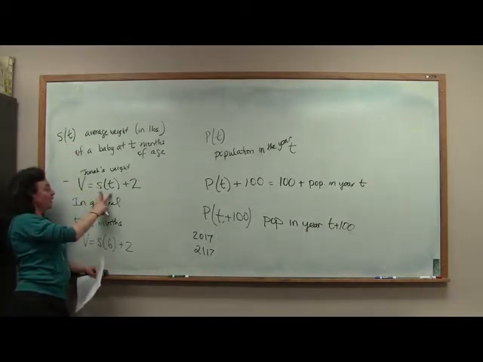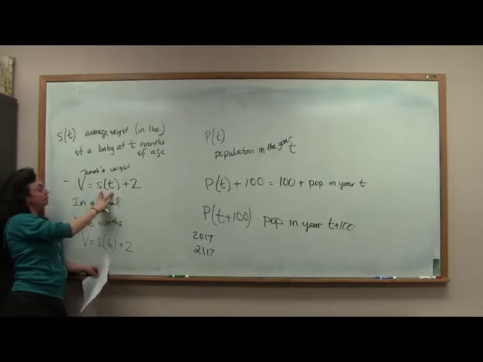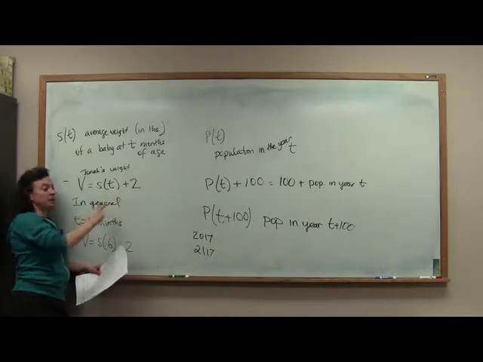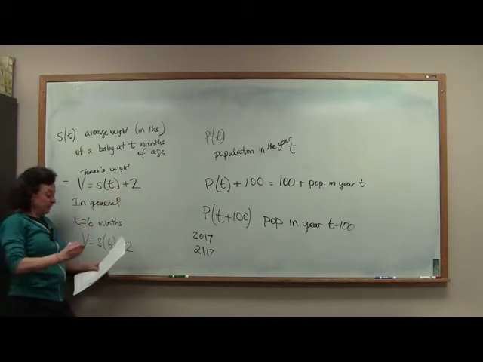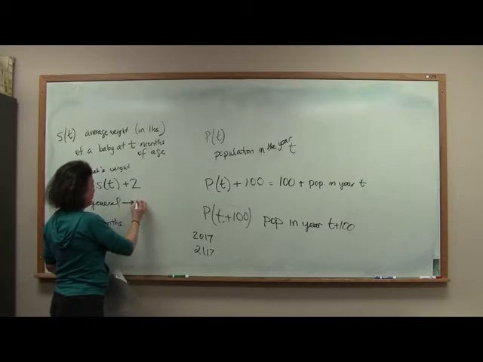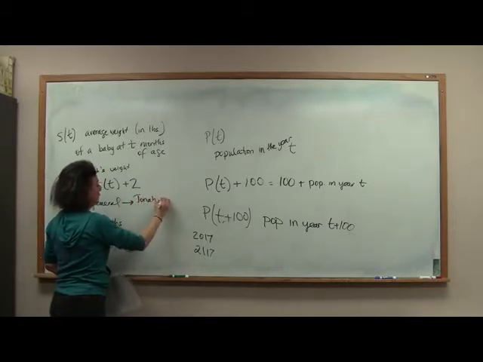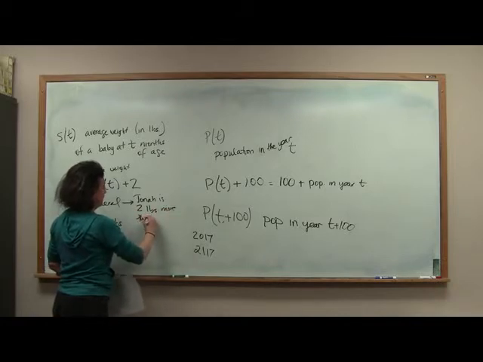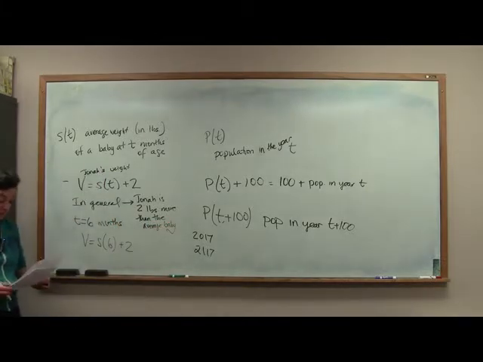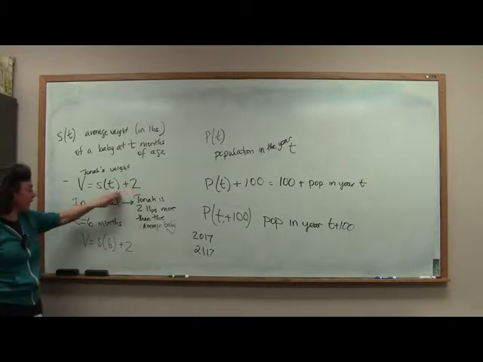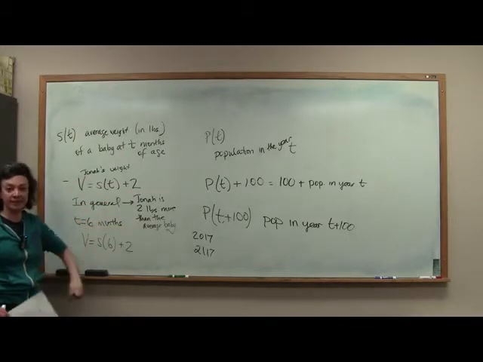Jonah's weight is the average weight of a baby plus an additional 2 pounds. So in general, Jonah is 2 pounds more than the average baby. Again, since I'm adding on the outside, I'm changing my function value, which in this case is weight.